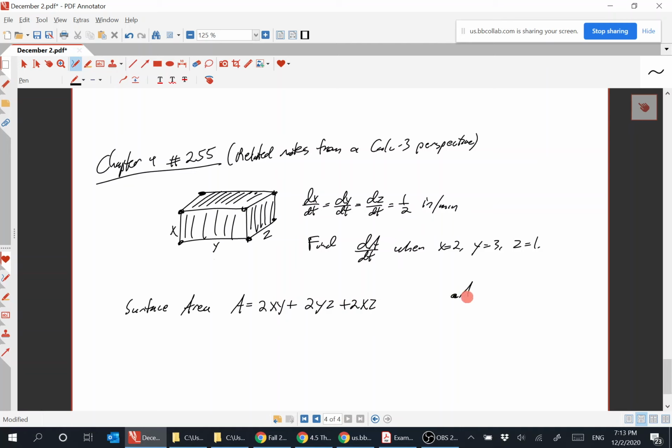Right, so we have area is a function of x, y, z, and these are all varying with respect to time t.